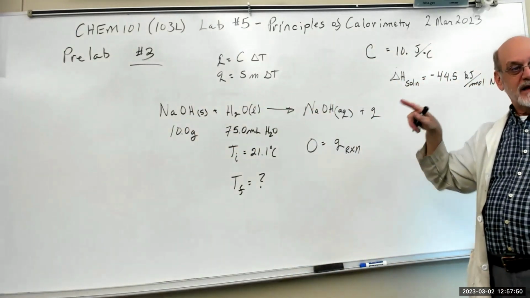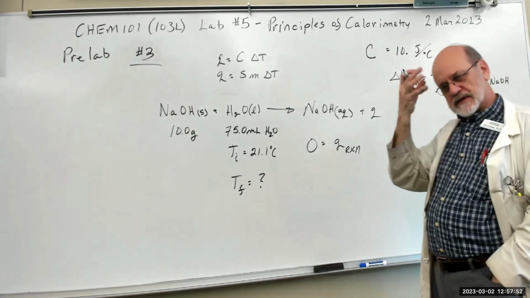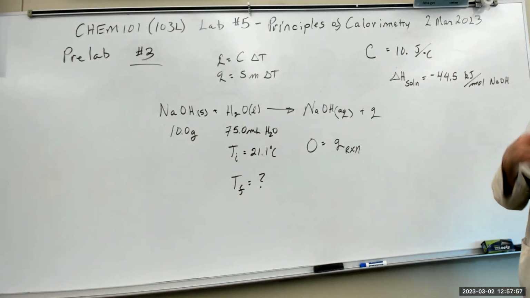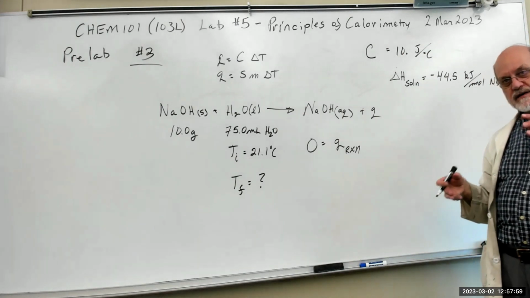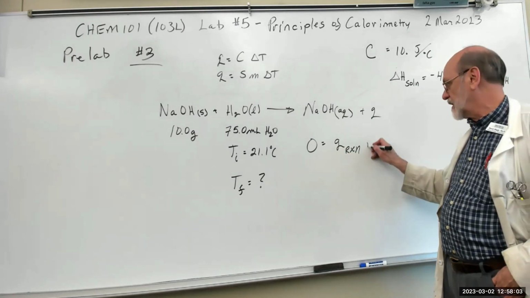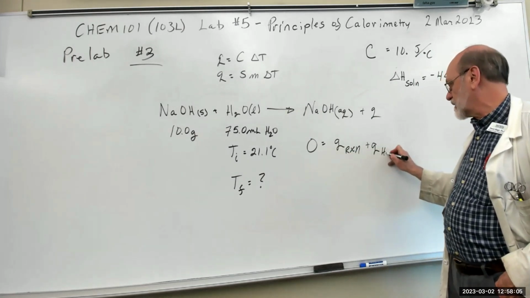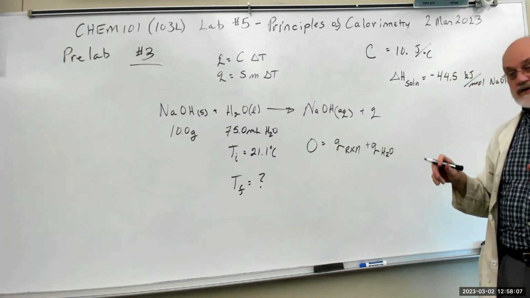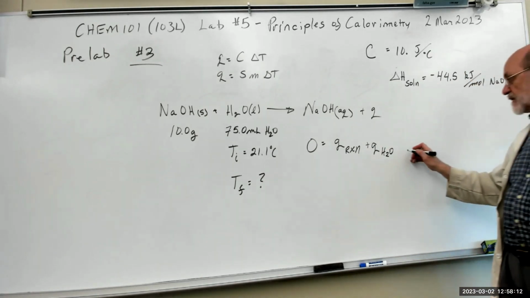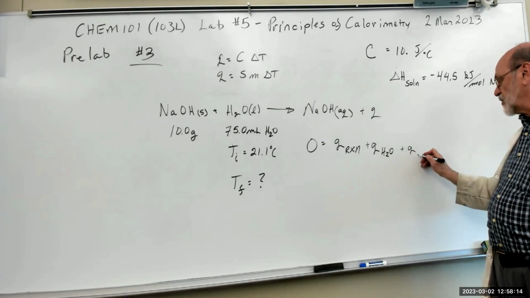Even though everything's mixed together, it's convenient to think of what's happening in compartments. The reaction is one compartment, the water with its temperature change and heat capacity is another, and the third compartment is the Q of the calorimeter.